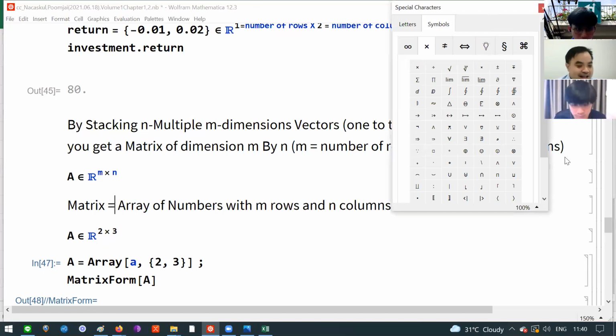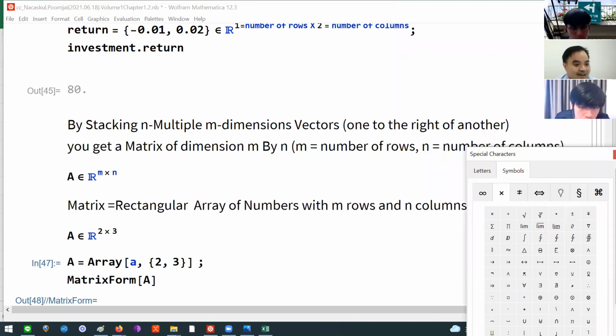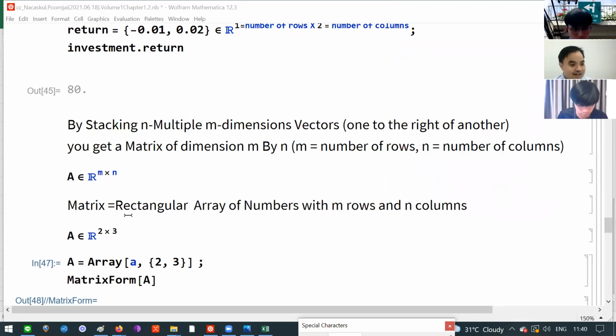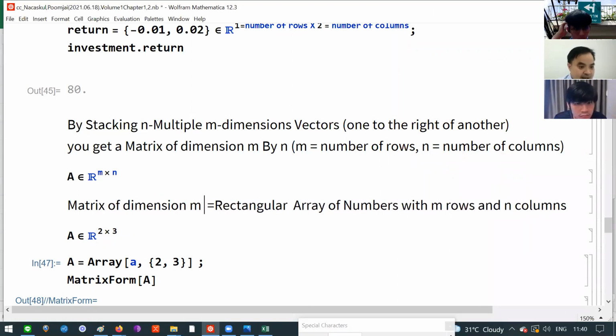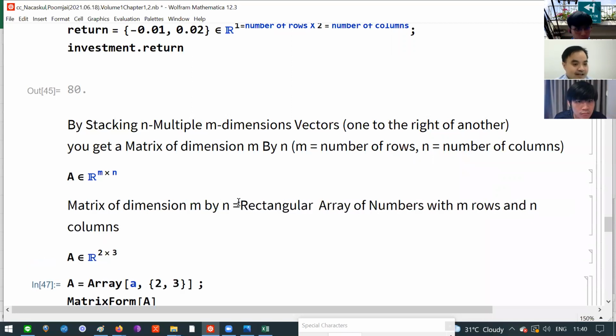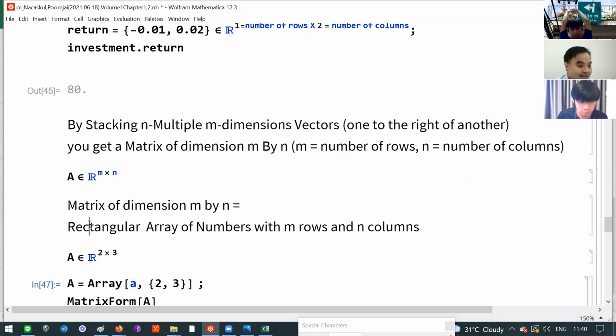And to emphasize the fact that it's a rectangle, you see this definition. A matrix of dimension m by n is defined as a rectangular array of numbers with m rows and n columns.